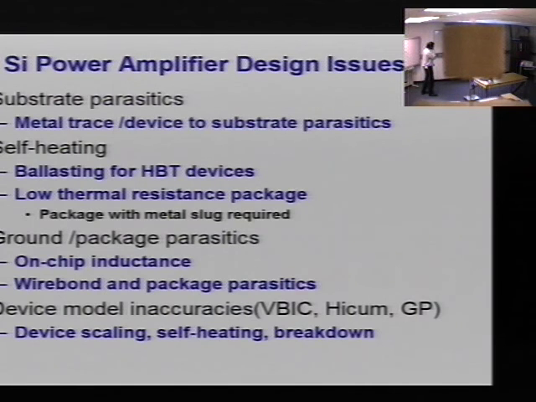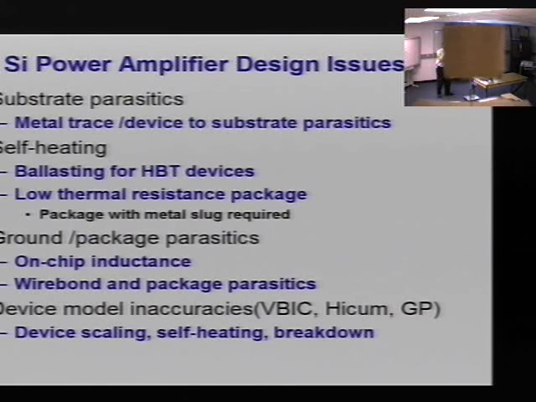You need a package with a metal slug, and if you just do a steady state 1D thermal analysis, you'll get an idea that you can't make it happen without a metal slug. And of course, the ground and package parasitics are very, very significant, especially when you're putting out that much power.